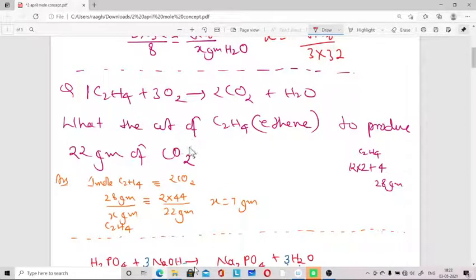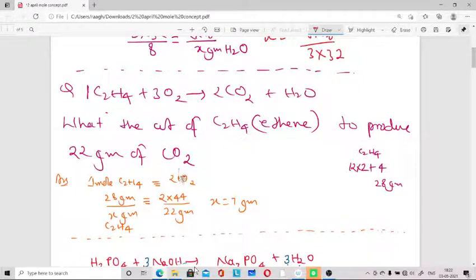Now let's take this equation only, the above equation, combustion of ethene. That is the same equation as above. So we have taken another type of question. What is the weight of ethene to produce 22 gram of CO2?